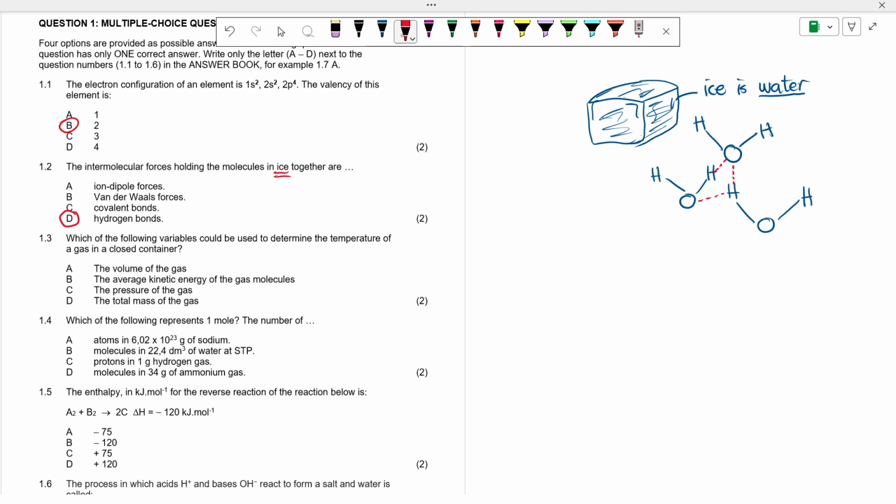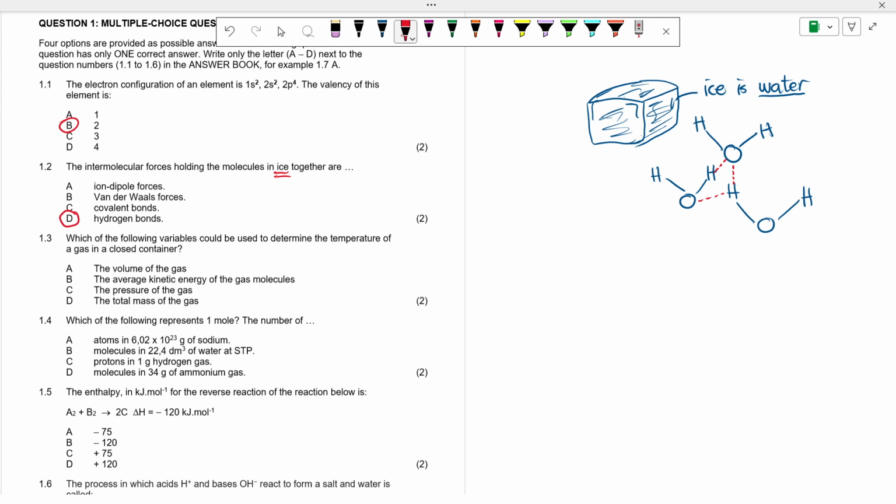If it's ice, it takes more energy to break those forces, because they are stronger, as the molecules are packed together. If it's just liquid water, the molecules are more relaxed. If it's water vapor, the water molecules are freely moving around, and the intermolecular forces between them are very, very weak.